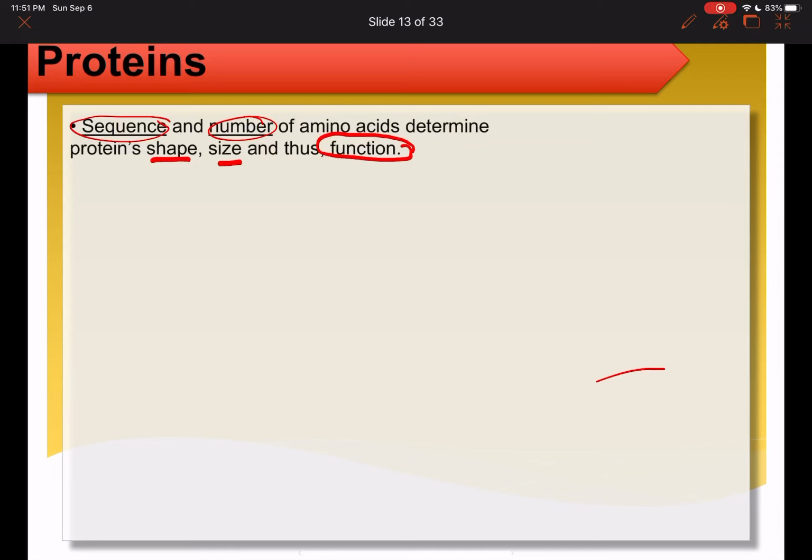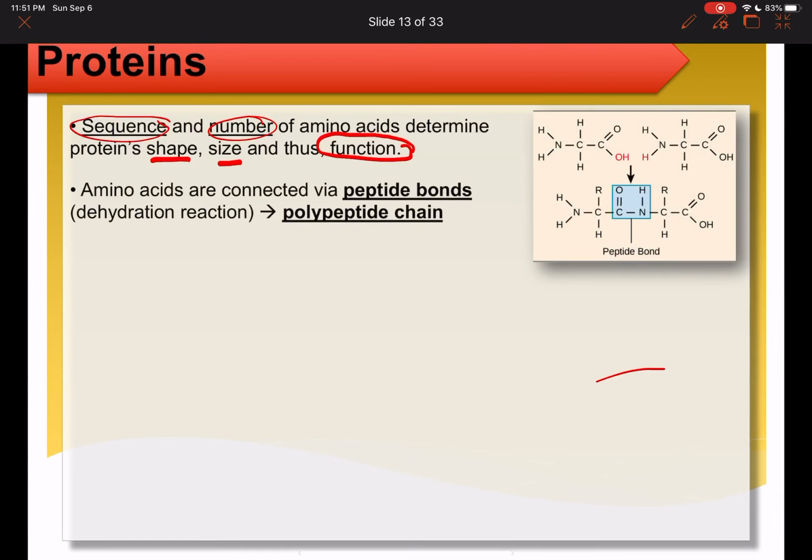Okay. So we talked about how covalent bonds formed between 2 sugar molecules are called glycosidic bonds, and the bonds in triglyceride molecules are called ester bonds. And the bonds between amino acids that link them together, covalent bonds of course, in a protein molecule are called peptide bonds.